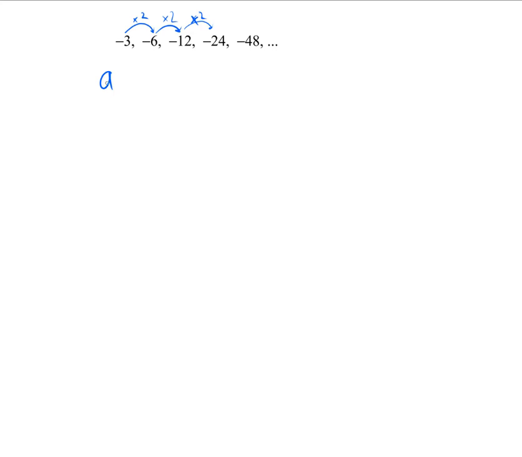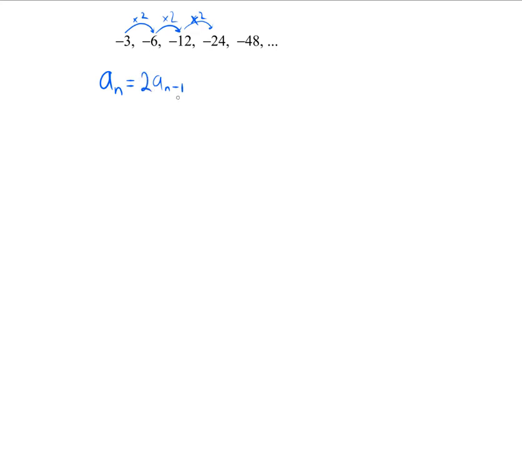All right, hopefully you did. Without further ado, let me move on. In this case, it's times 2 each time, right? So if I want to find any term a sub n, it's going to be equal to my previous term, a sub n minus 1, multiplied times this 2.